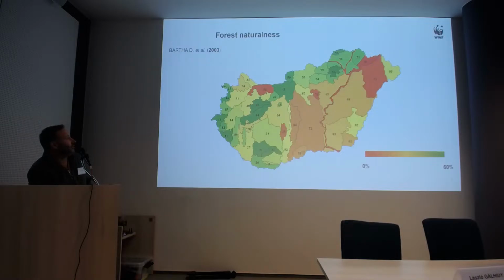Those are mountains with natural forests mostly, and in the western part of the country, where hills and lower mountains are present, you can see the colors in between, and of course this is a mixture of different categories, and you can see just averages in every region.